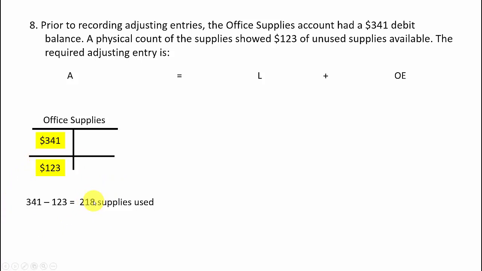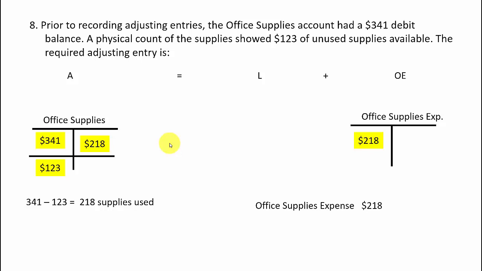So we will credit this asset account to lower it by $218, and we will debit office supplies expense for $218. And the journal entry would be a debit to office supplies expense, $218, and a credit to office supplies for $218.